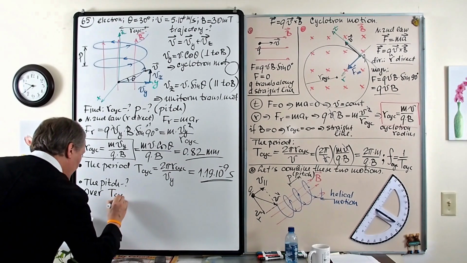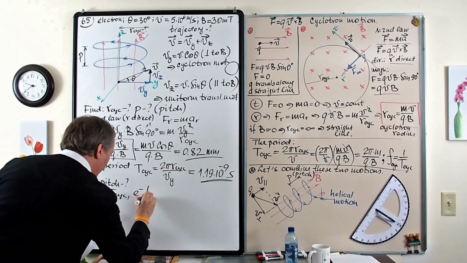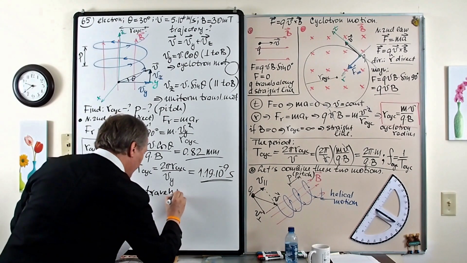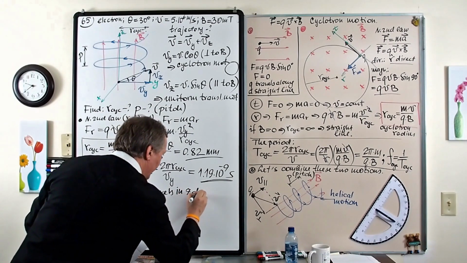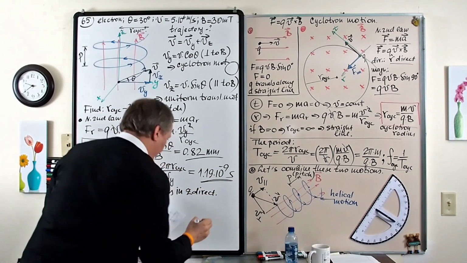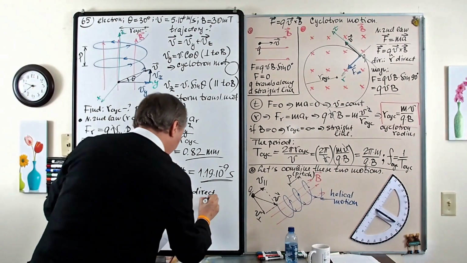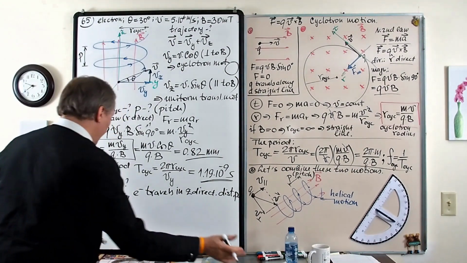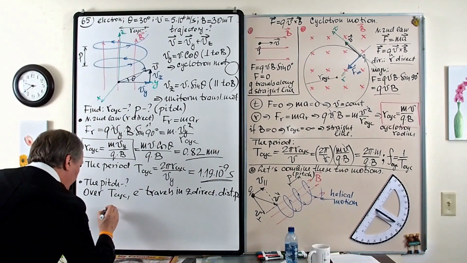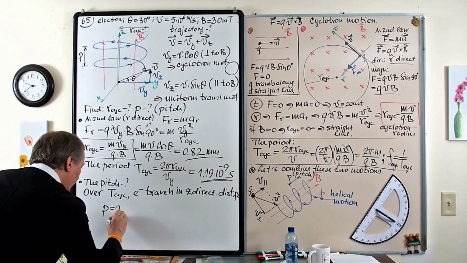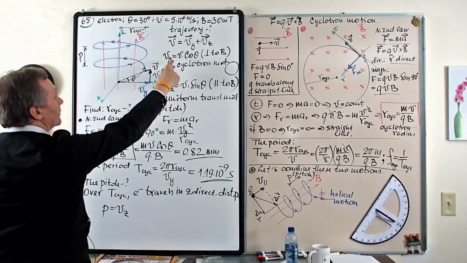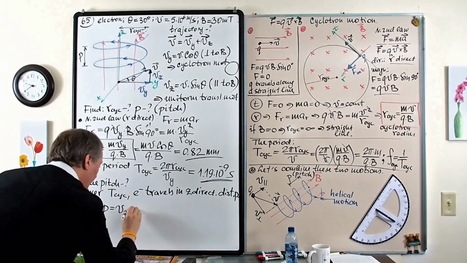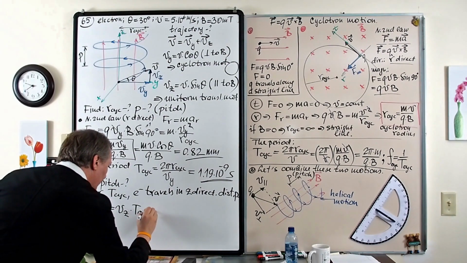As a result, I can write the pitch equals v sub z, which you can easily find by multiplying v and sine theta, times T cyclotron.